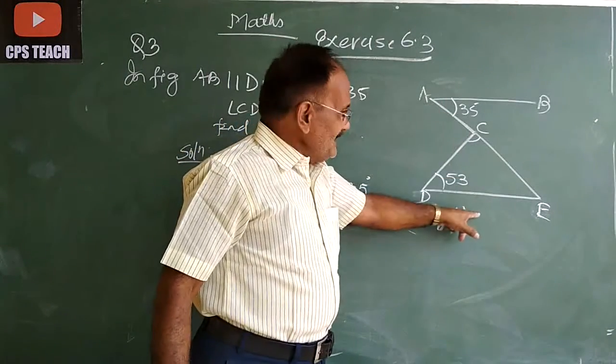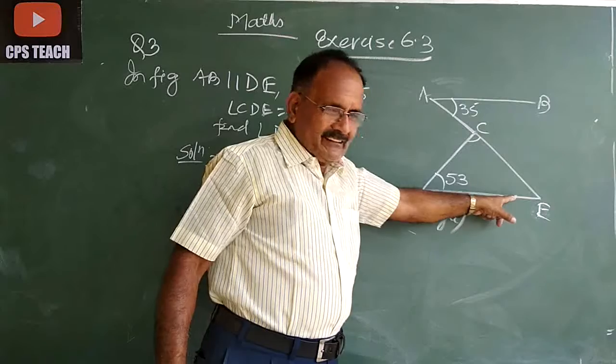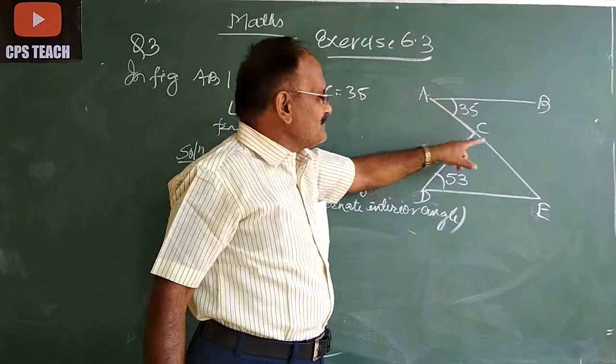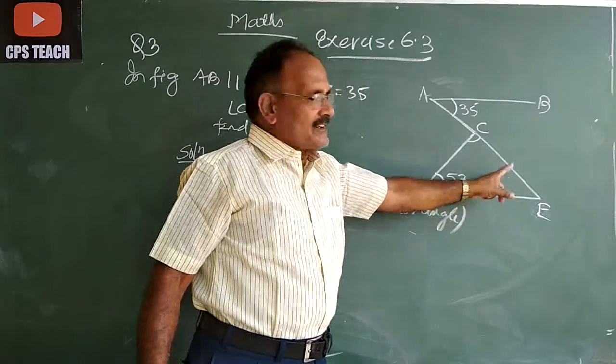Both lines are parallel, so these and these angles are alternate interior angle. If this is 35, clearly this angle is also 35 degree.